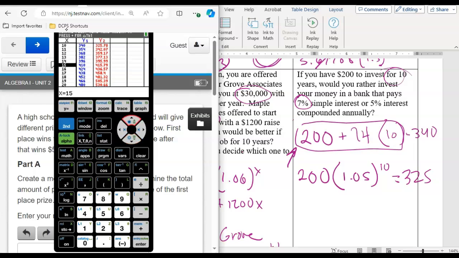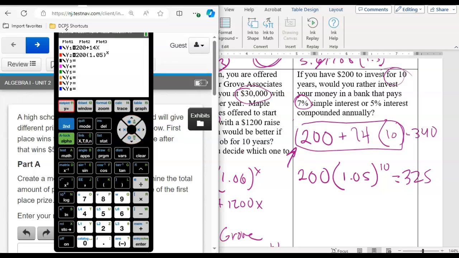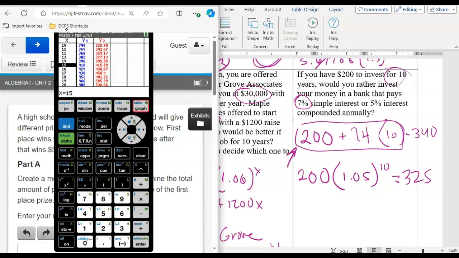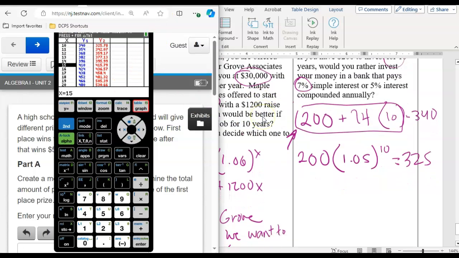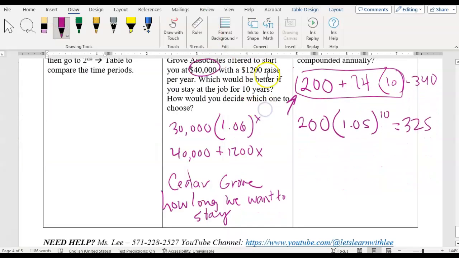Around year 15, our second equation, our exponential equation, is starting to look a little bit better, right? After that, it starts to increase more. But if you're only going to invest for 10 years, then that first option, that simple interest option, would probably be better.